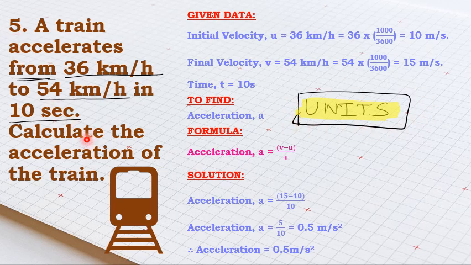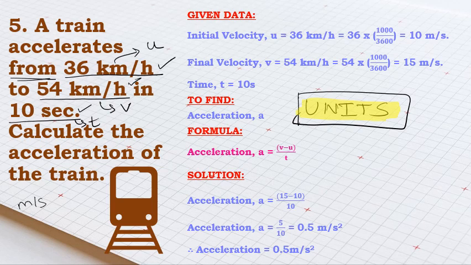Now here, 36 kilometer per hour is your initial velocity, 54 is your final velocity, and this is your time. Look at the units. Here it is given in kilometer per hour, and here it is in seconds. What did I tell you? It is always better to convert it into meter per second and seconds.